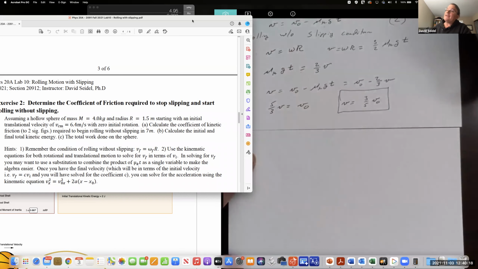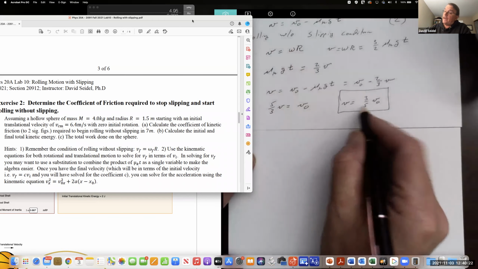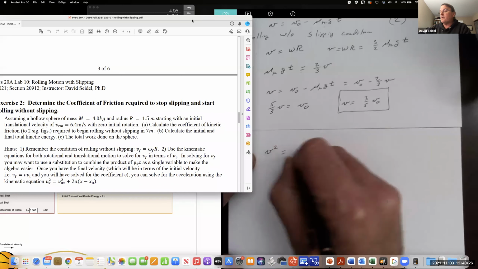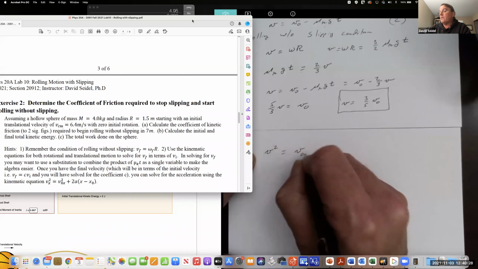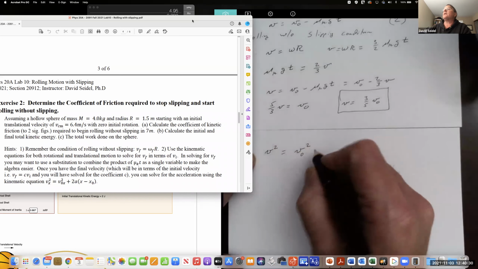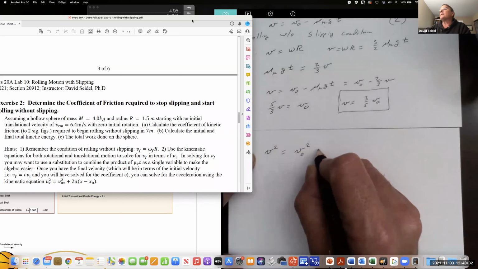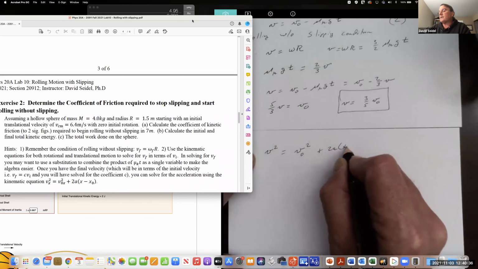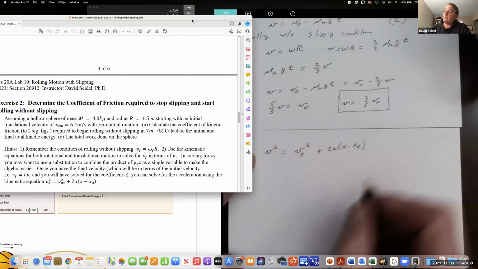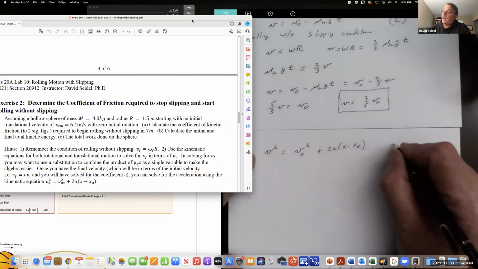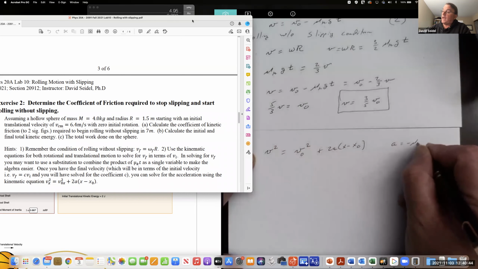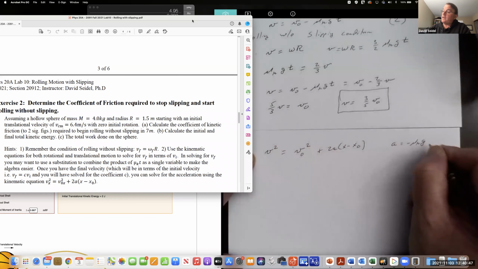So then I tell you, now I have V. Remember, V squared equals the kinematic equation of motion, V0 squared plus 2a times x minus x0. So we're pulling a lot of things out of our toolbox. A is equal to minus mu K g.